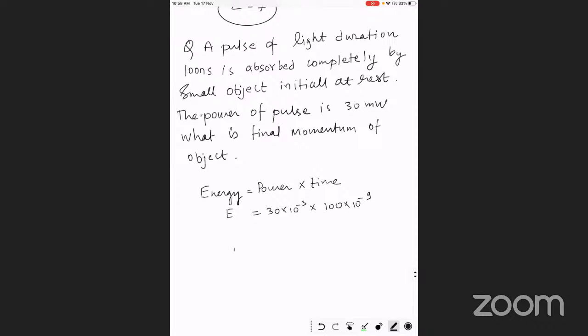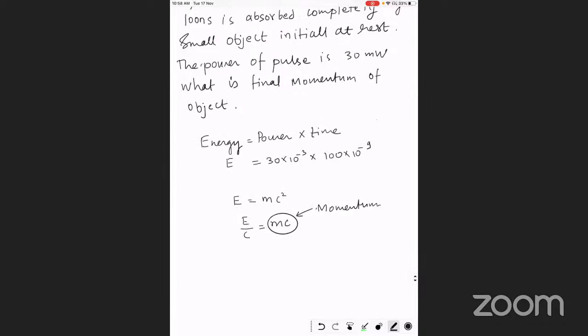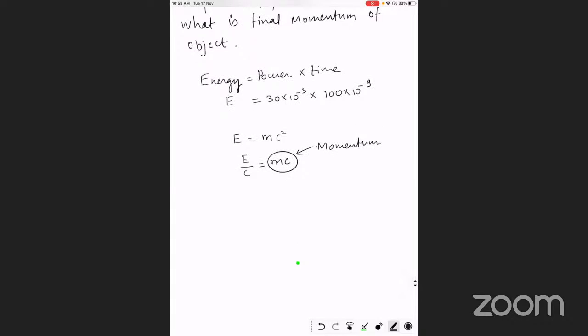Okay. And according to Einstein, we can represent energy by mc square. So energy upon c is equal to m into c, means mass into speed of light, and this is the momentum of a light wave. This is the momentum of any pulse. From conservation of linear momentum, this momentum p is energy upon c, and it is completely transferred to the object.